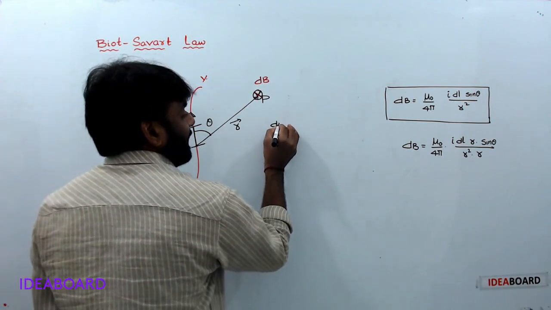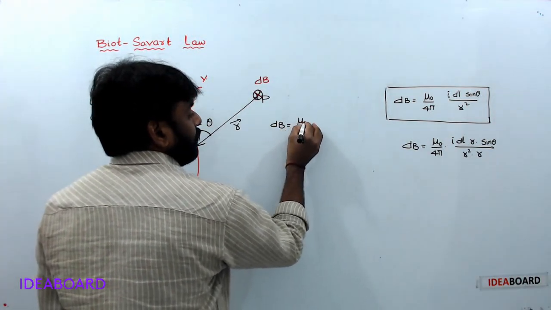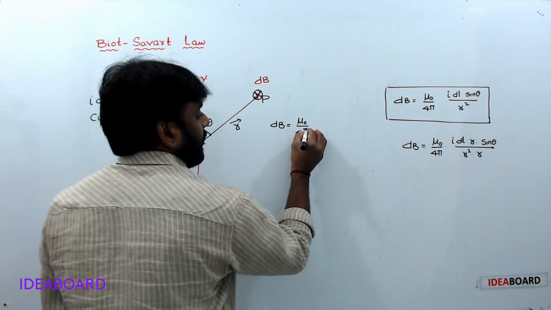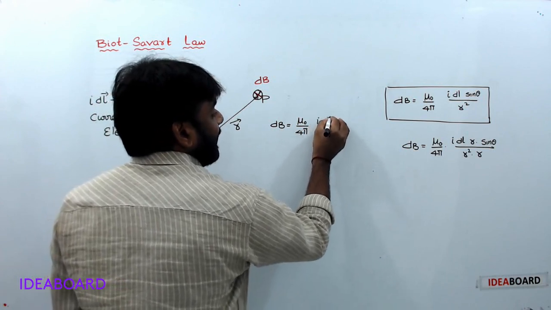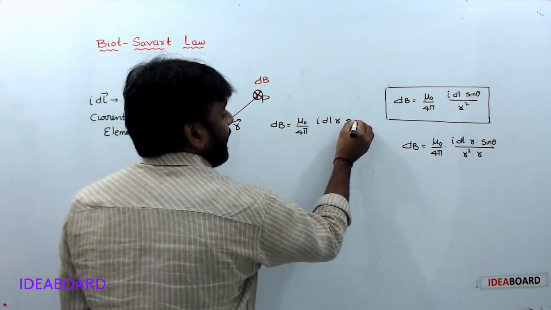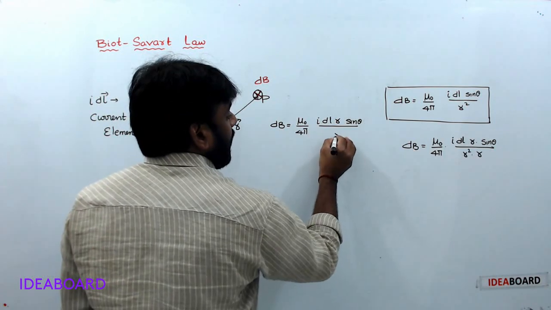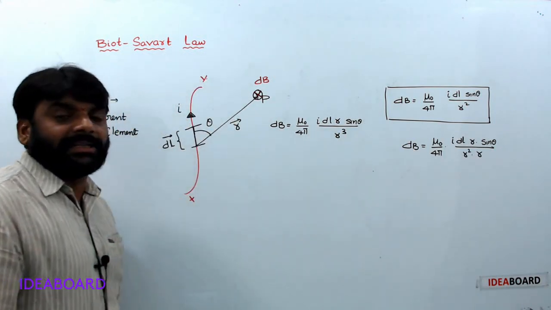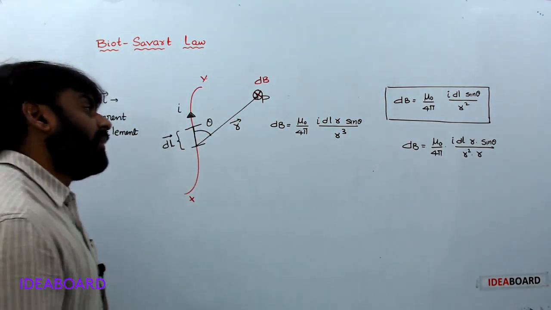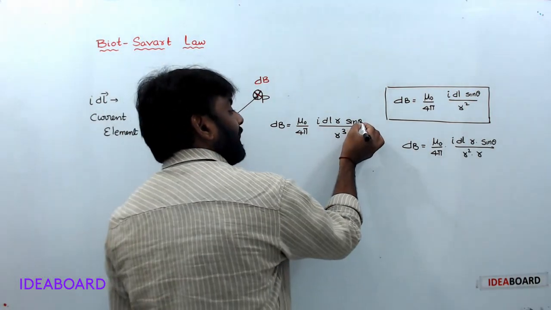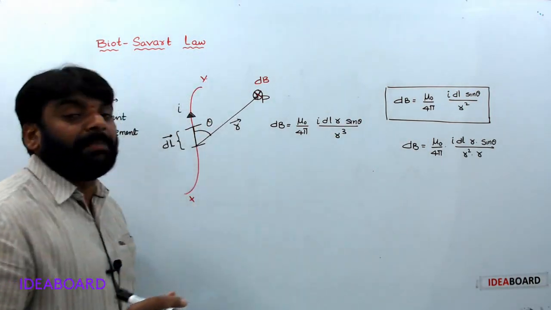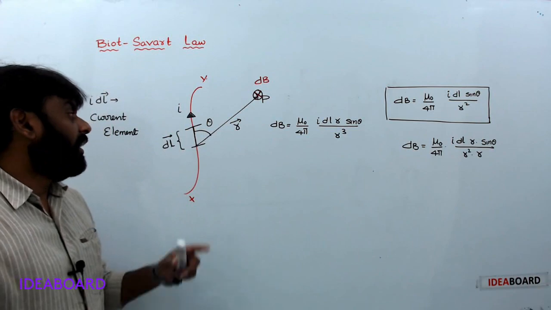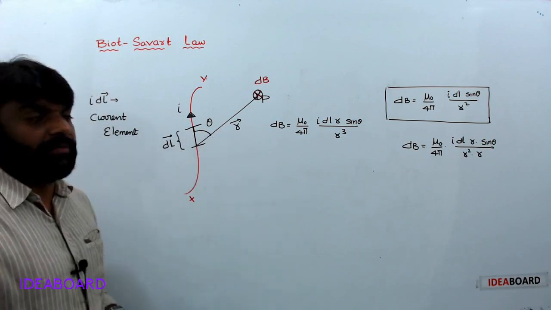So dB is equal to mu naught by 4 pi, I dl sin theta by r cube. Now here theta is the angle between the current element and the position vector.